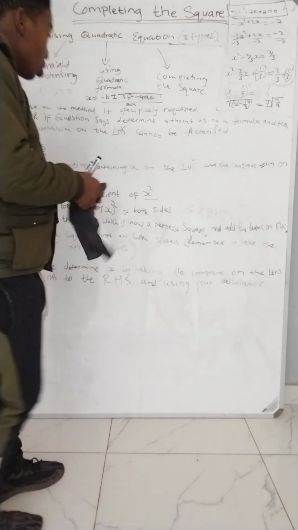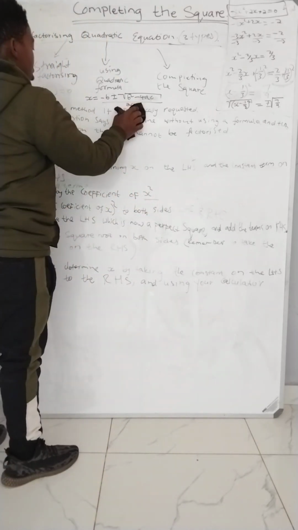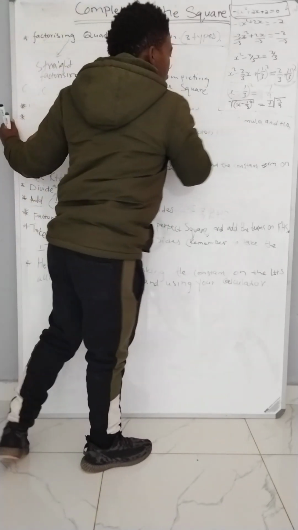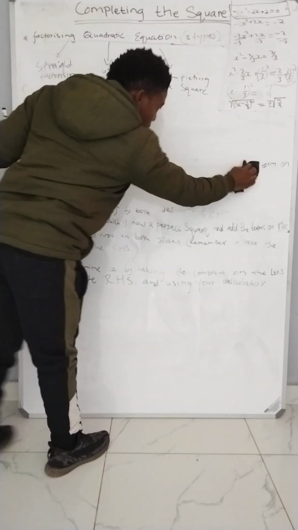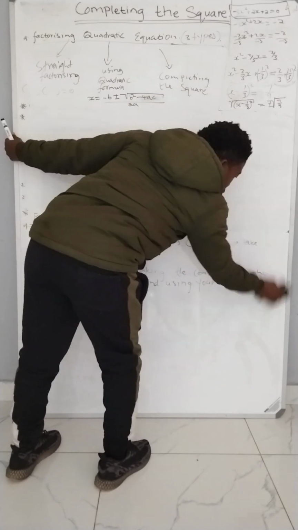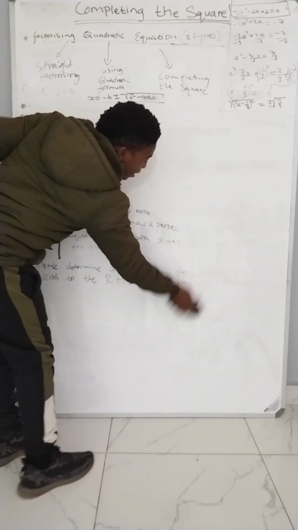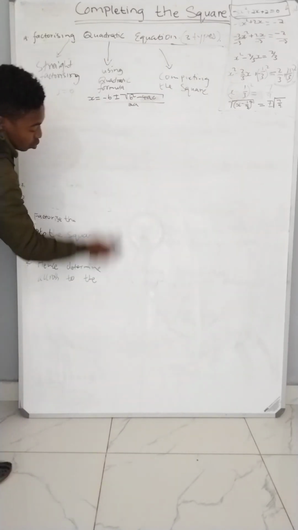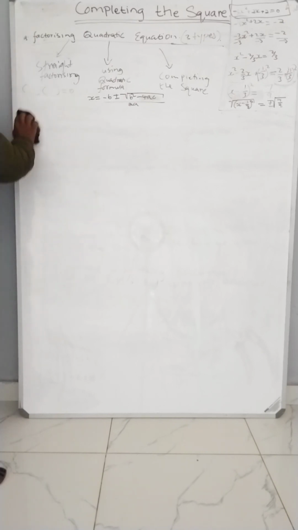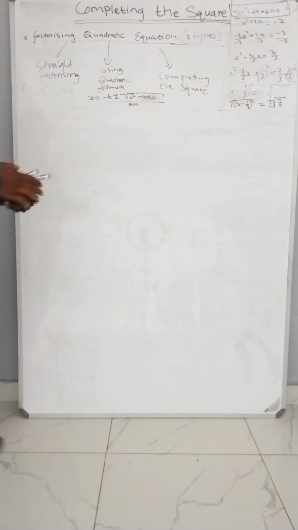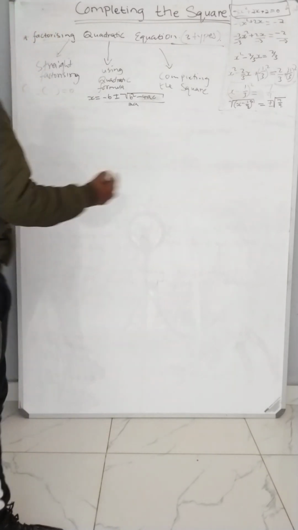So I'm just gonna quickly remove this because I wanna write that number in an enlarged manner, and I want us to do that sum for the last time, writing enlarged. All right, so that you can be able to see.